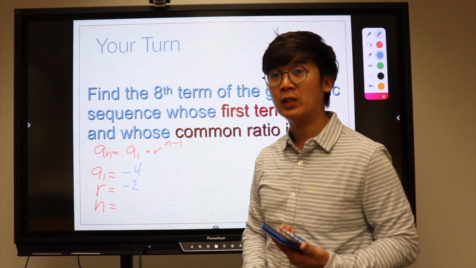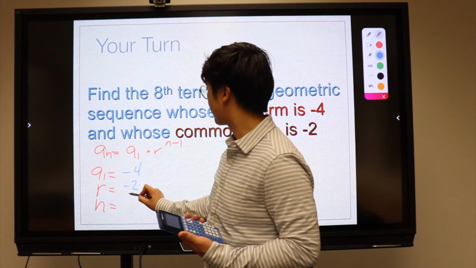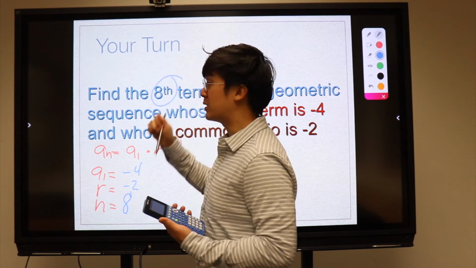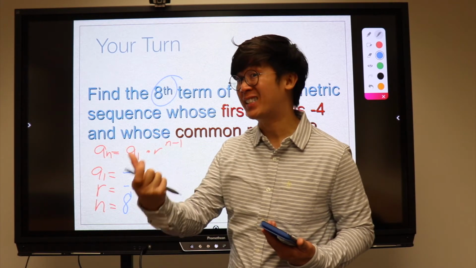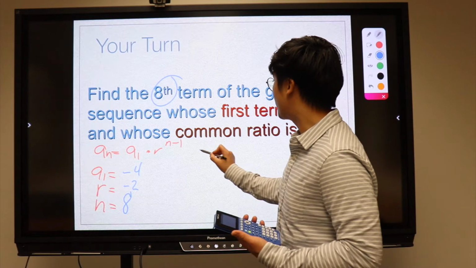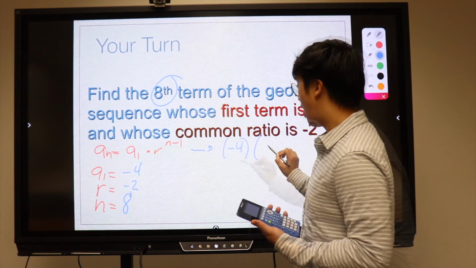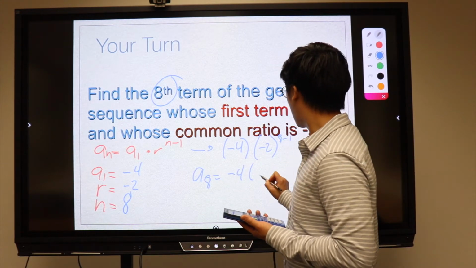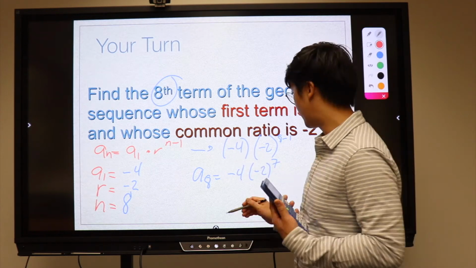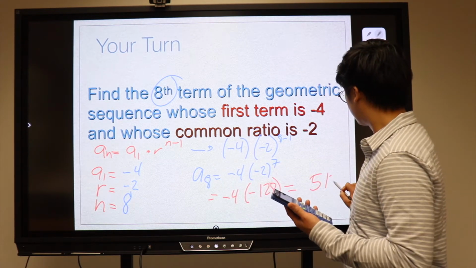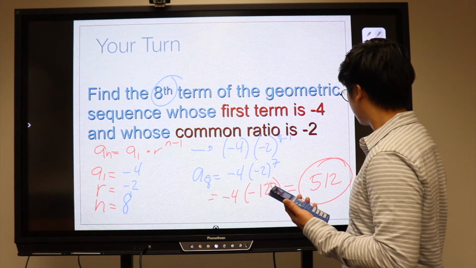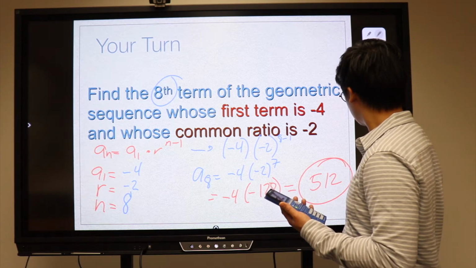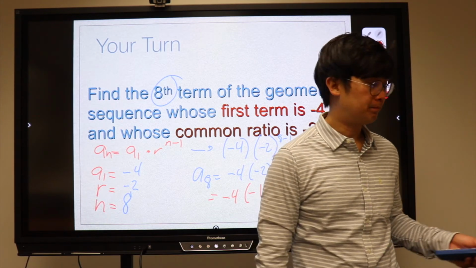And what is the n that we're looking for here this time? 8. That is because it's not the nth term, but a specific term, which is the 8th term. So by plugging it all in, that is your 8th term.